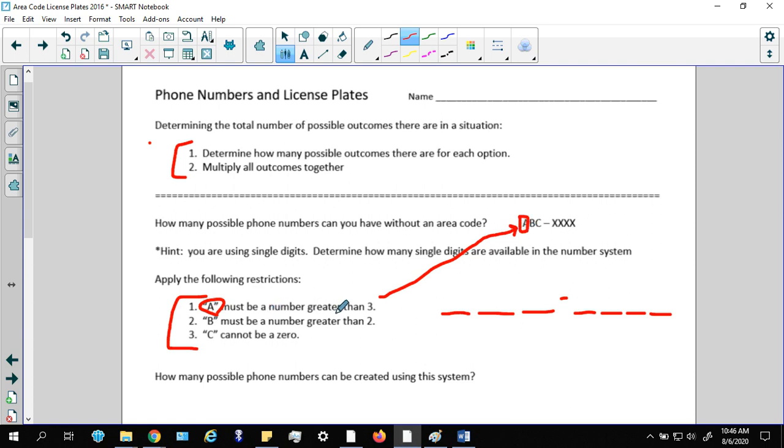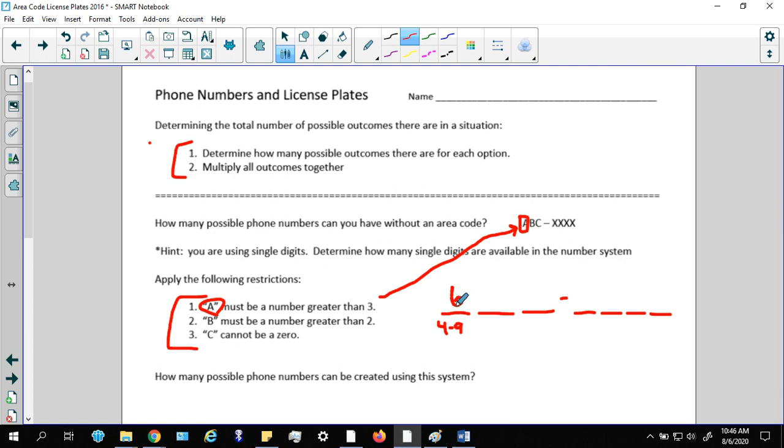So it must be a number greater than 3, which means it would have to be anywhere from a 4 to a 9. Now you might be asking, well, why not 10? Well, 10 is a double digit, and we're only looking for single digits. So 4 to 9: 4, 5, 6, 7, 8, 9. Those are 6 possibilities.